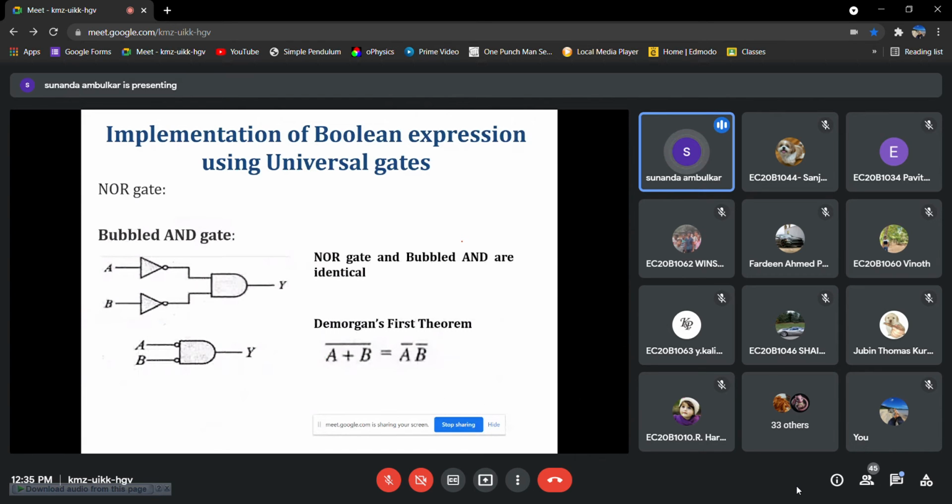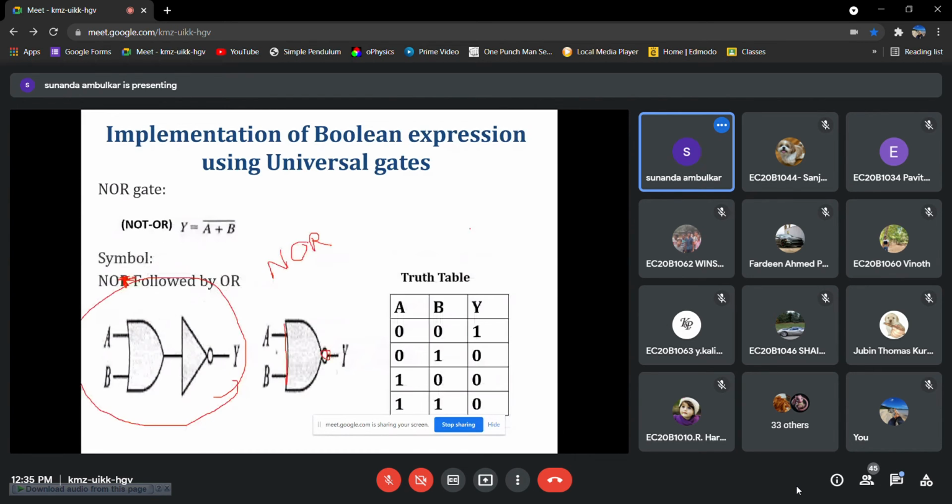While implementing any Boolean expression using the universal gates, we have seen we have different Boolean theorems. A very important Boolean theorem is De Morgan's theorem.